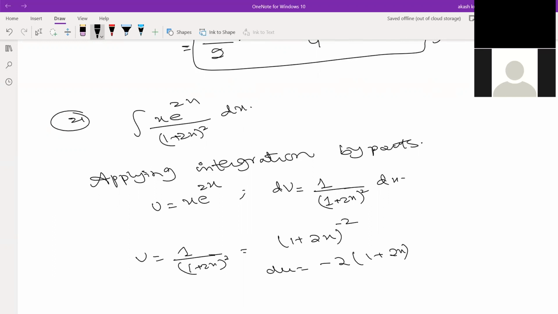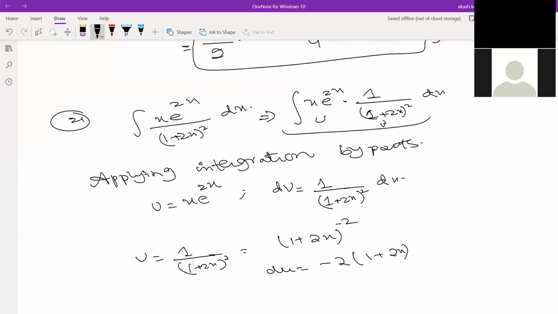And because then the rest will be dv. Because x e raised to the power 2x, if I write the function in this form, is the function in a simplified form. This is u and this is dv.